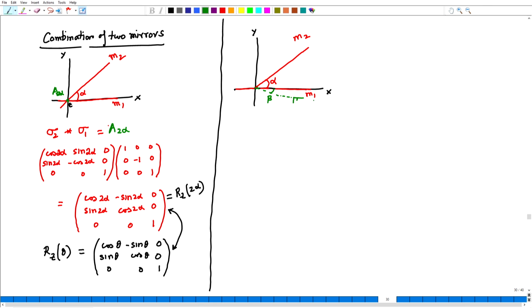Now, mirror M1 will reflect this motif and change its handedness to this location. If I call this motif number 1 and let us say this is right handed, then this becomes motif number 2, which is left handed, and clearly this angle would also be beta. So, this is the first operation of reflection, sigma 1.